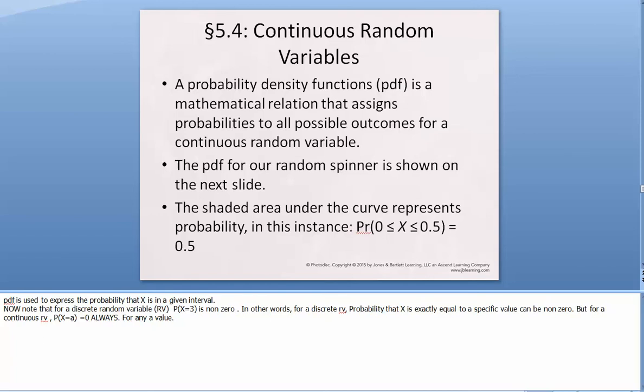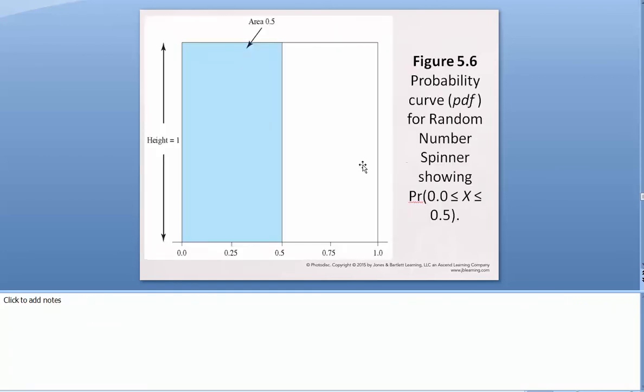Now, I also said that the PDF is used to represent the probability that a continuous random variable is in a specific interval. So here's the next slide which illustrates that. Say you want the probability that X is between 0 and 0.5. These are the specific values that a random number can take. X can be any value between 0 and 1.